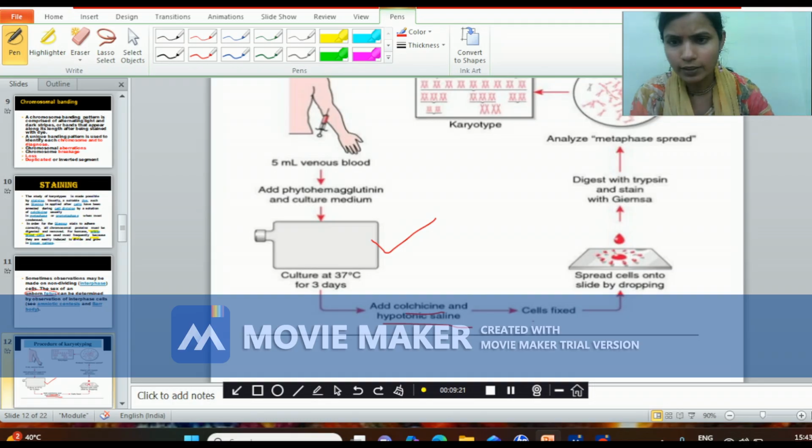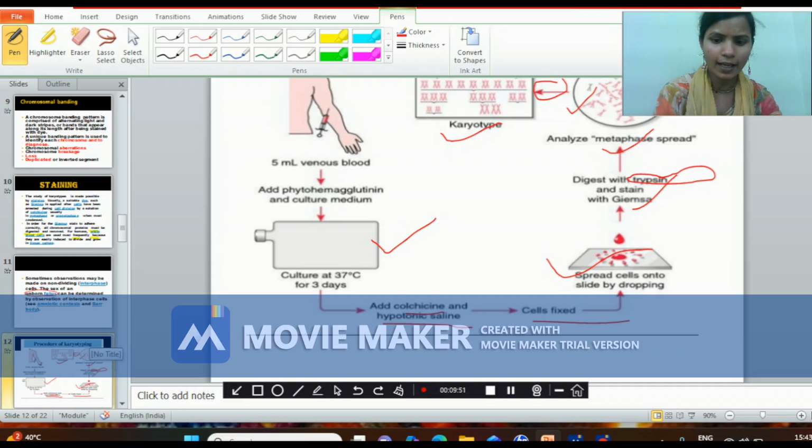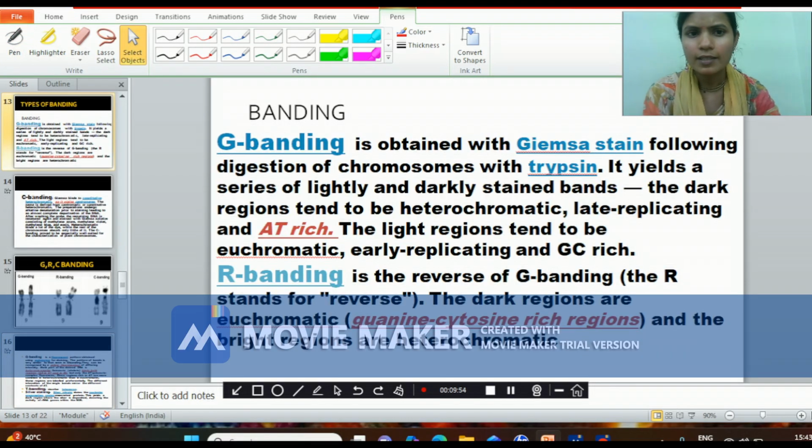Then the cells get fixed and are put dropwise on the glass slide, then trypsin is applied for proteinization, then Giemsa stain, then analyze the metaphase spread. You can see this picture in a microscope and they take out the picture, cut the chromosomes series-wise and put them on a paper, and that is called a karyotype. I hope you understand karyotyping and Giemsa staining.